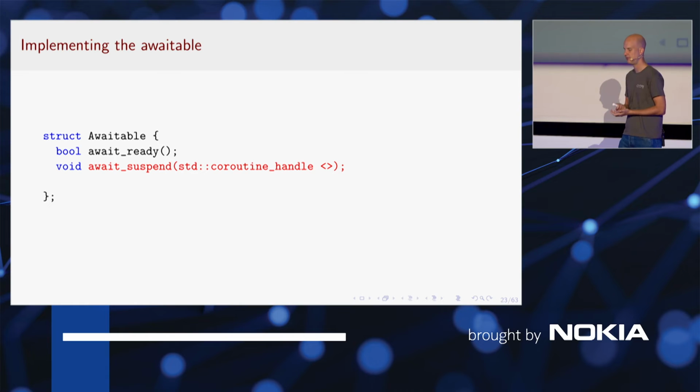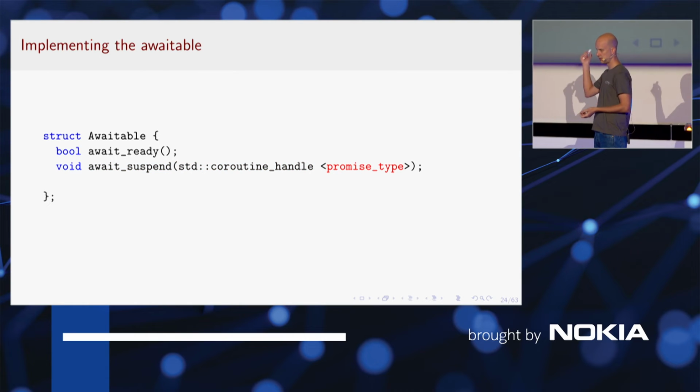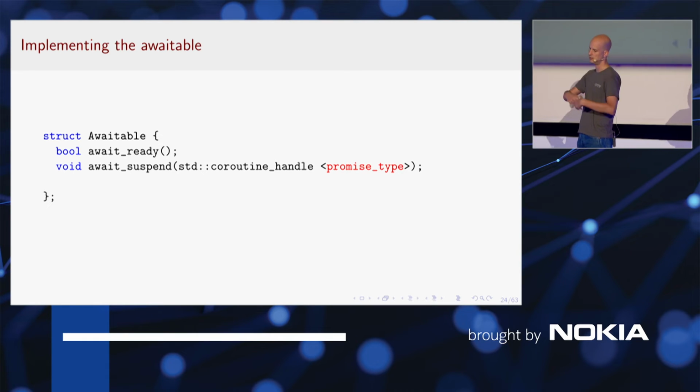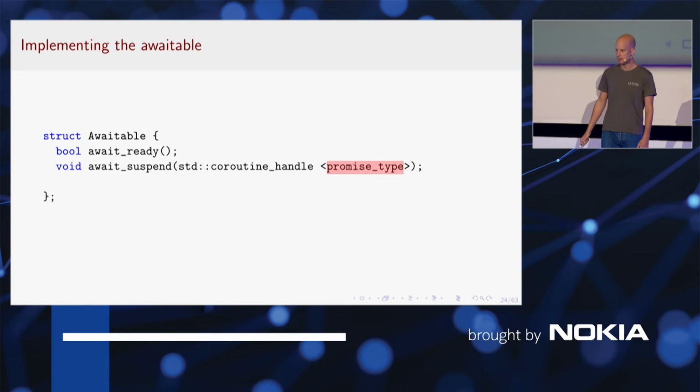We will look at its interface in a minute. The one thing to notice is that you can specialize the coroutine handle on the promise type. If you don't know the promise type, you can use it in a type-erased way, but in most cases you actually want to tie to a specific coroutine and give the promise type here, which slightly expands the capabilities of what you can do with it. So that's the same promise type as we had before.